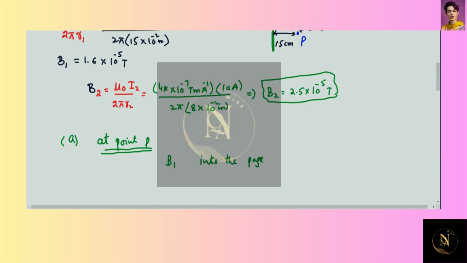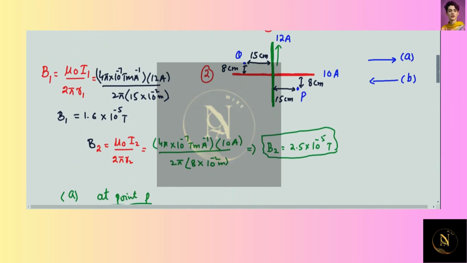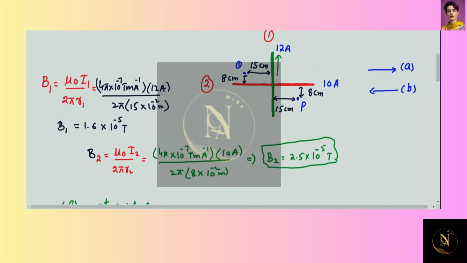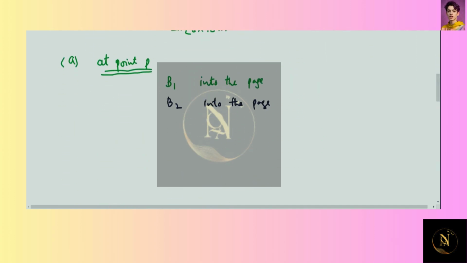Also, due to the second wire, the magnetic field is also into the page. So we will have the net magnetic field at point P equal to B1 plus B2, as B1 is equal to 1.6 times 10 to the power minus 5 Tesla plus B2, which is 2.5 times 10 to the power minus 5 Tesla.